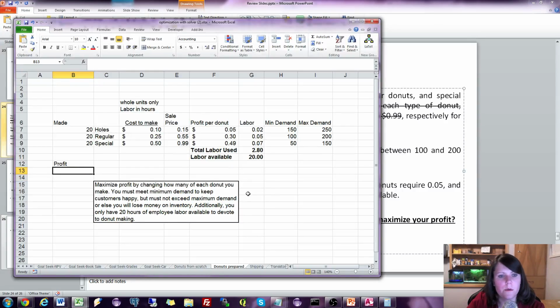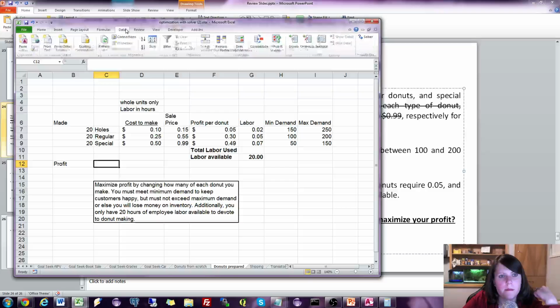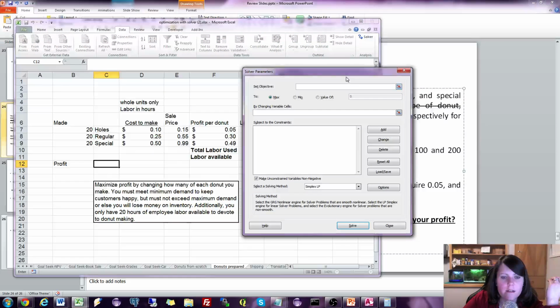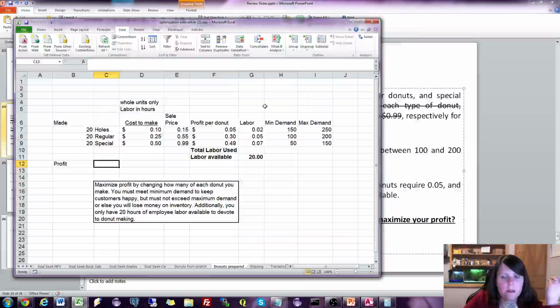For example, on your homework, you had to set the objective function in the spreadsheet, because when you pulled up Solver, some of you tried to solve it and it came back with an error. It said it needs a formula or something in that cell. That's because it doesn't know what it's maximizing.